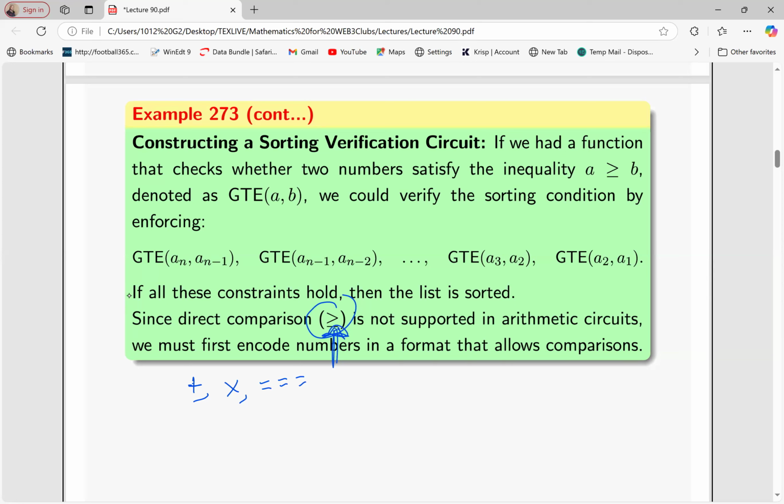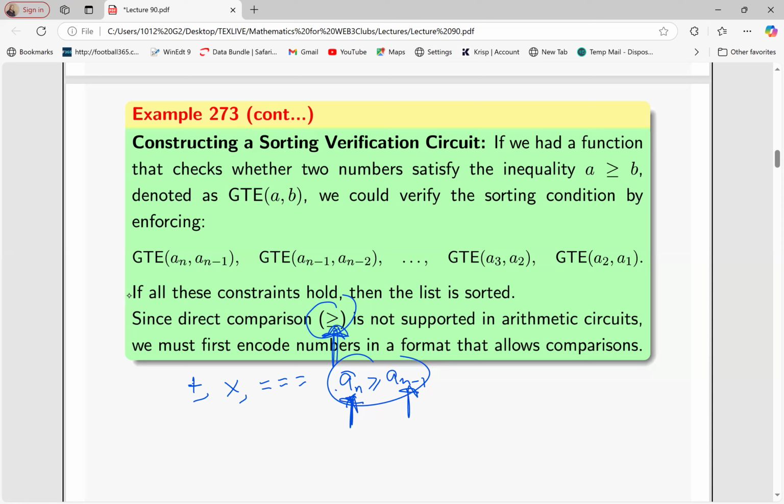We can compare two values, that A_N is greater than or equal to A_N minus 1. How do we go around to do this? For us to do this, we can never bring in this sign directly. What we do, therefore, is convert our values to binary.